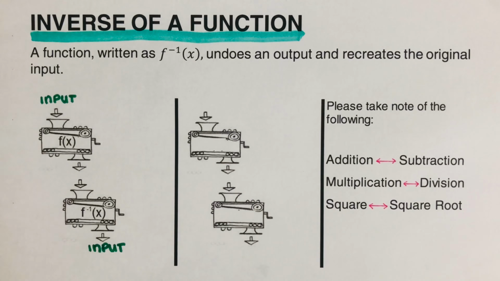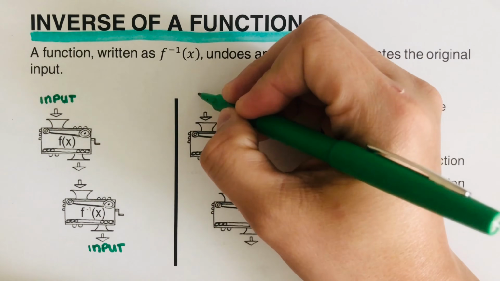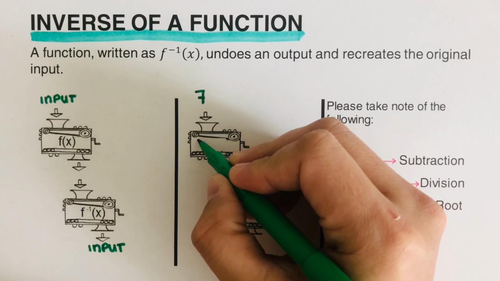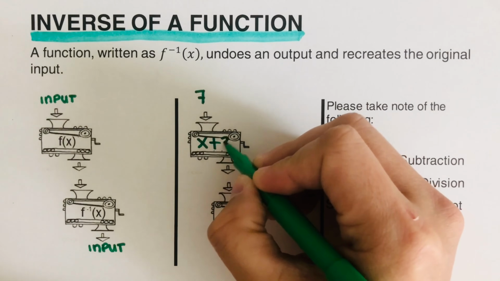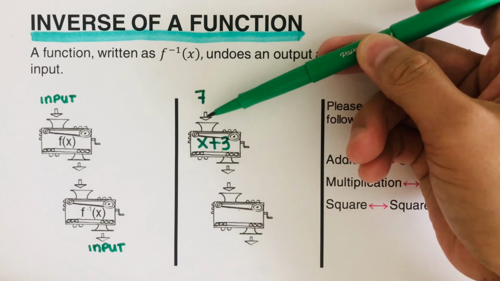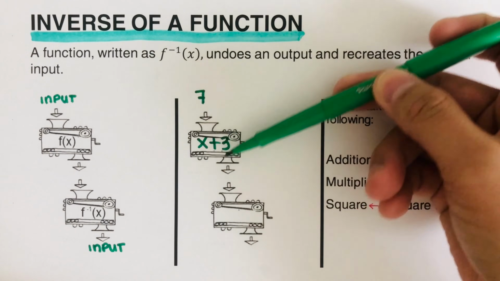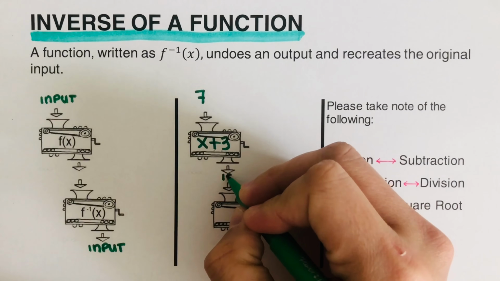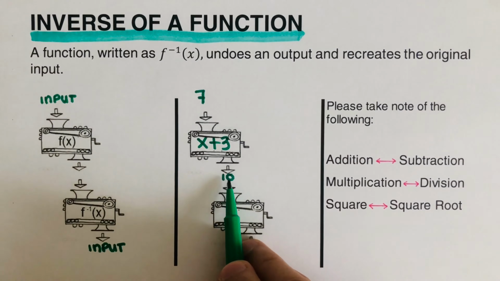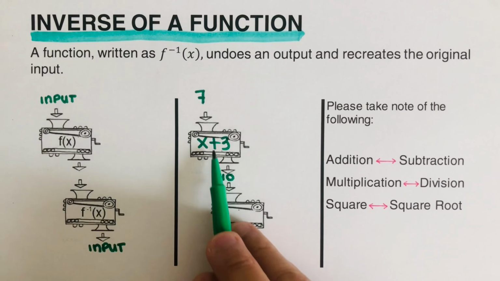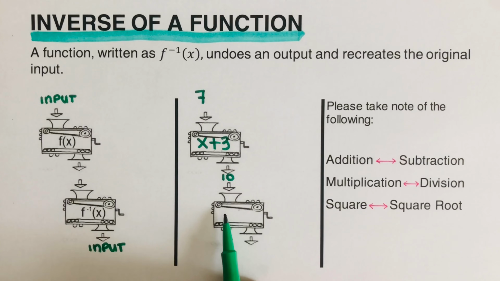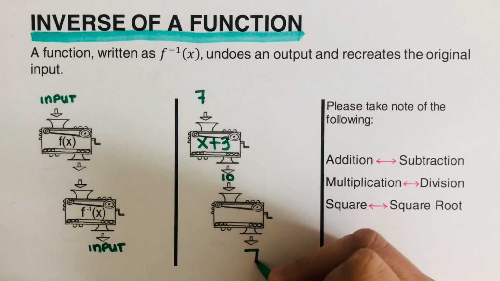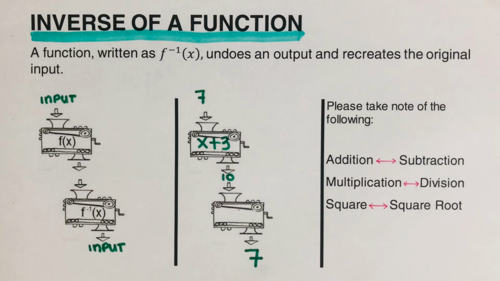To better understand this, let's have an example. Suppose I drop in 7, and let's say this machine is x plus 3. After the 7 is dropped into the machine, it will process the 7 and 10 will come out. The 10 from the first machine goes into the second machine, and the target is for this machine to give off 7.